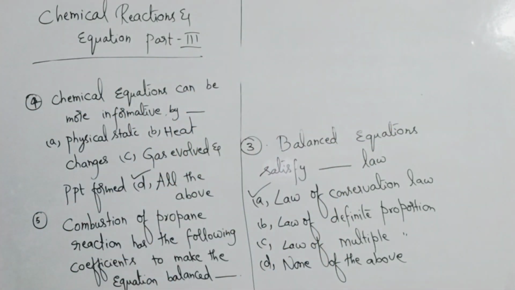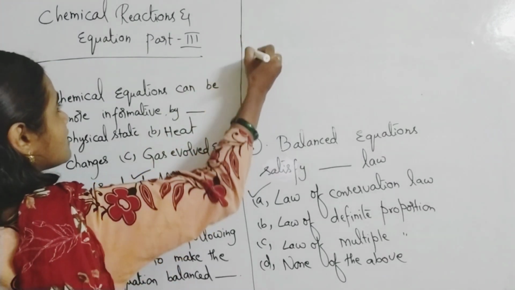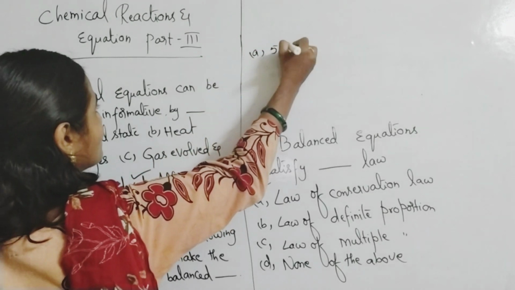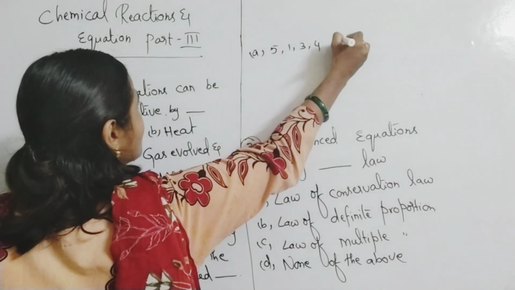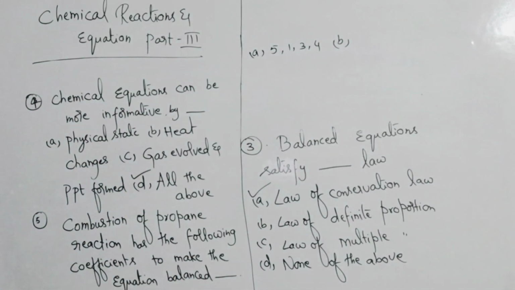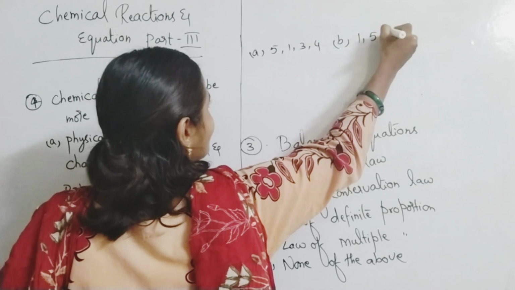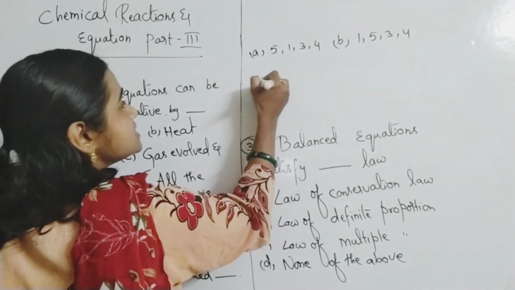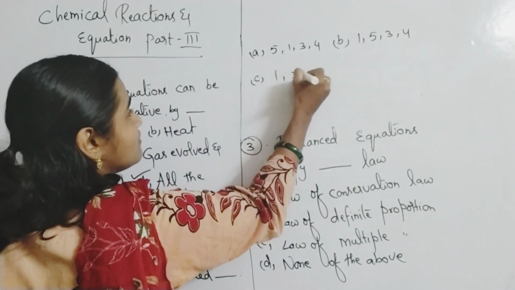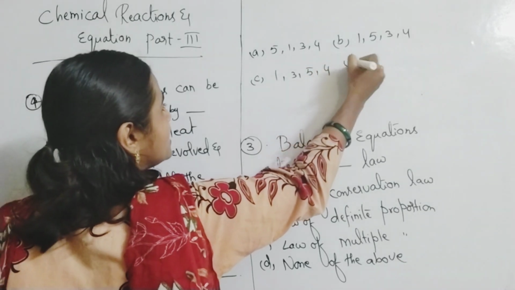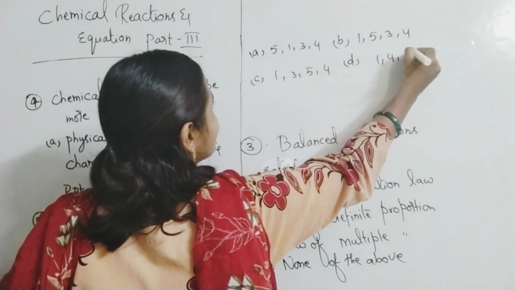If you see the options, you will understand the question totally. Option A, 5, 1, 3, 4. Option B, 1, 5, 3, 4. Option C, 1, 3, 5, 4. Option D, 1, 4, 5, 3.